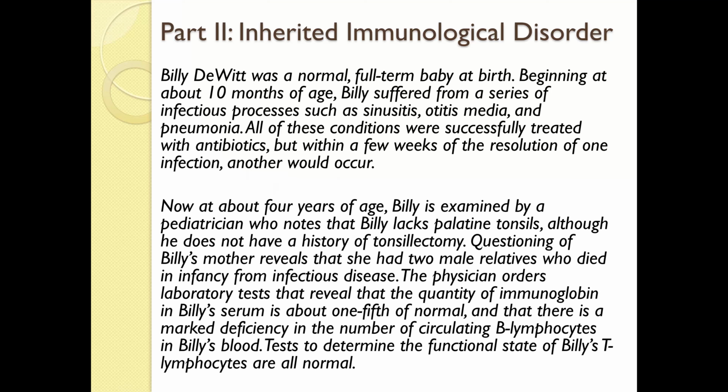Questioning of Billy's mother reveals that she had 2 male relatives who died in infancy from infectious disease. The physician orders laboratory tests that reveal that the quantity of immunoglobulin in Billy's serum is about 1/5 of normal, and that there is a marked deficiency in the number of circulating B lymphocytes in Billy's blood. Tests to determine the functional state of Billy's T lymphocytes are all normal.